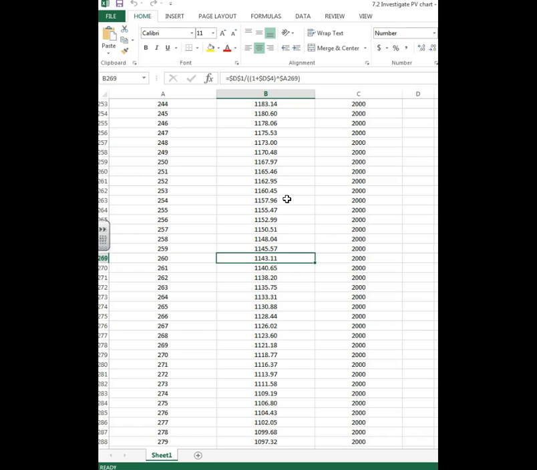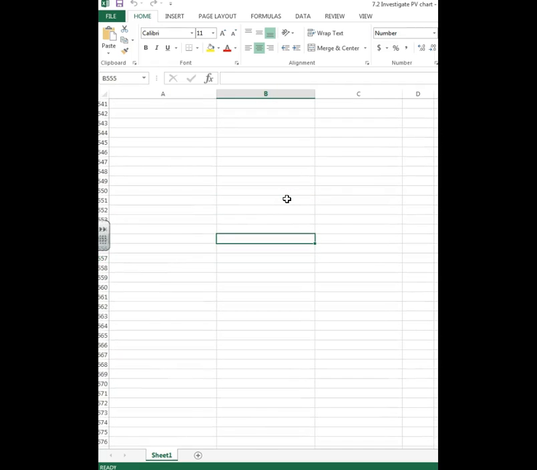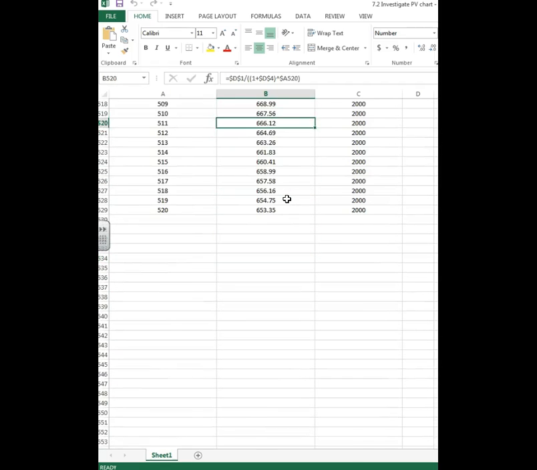As we go down to the very last investment here, we see that to invest $653.35 right now for 520 biweekly periods would accumulate to $2,000. In the third column, it's just the calculation of that present value with interest over 520 biweekly periods, and they're all giving 2,000.